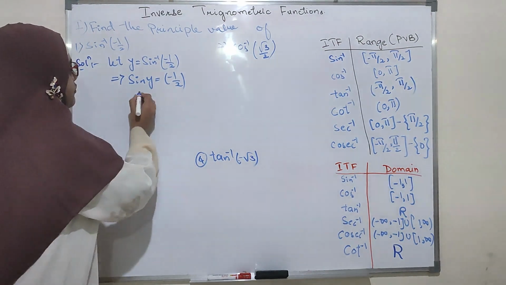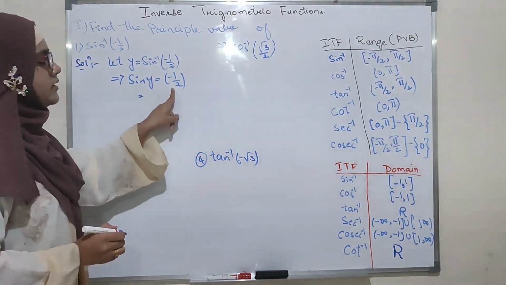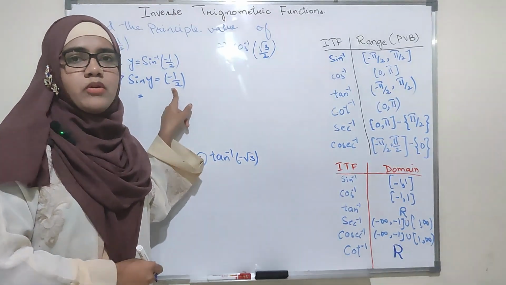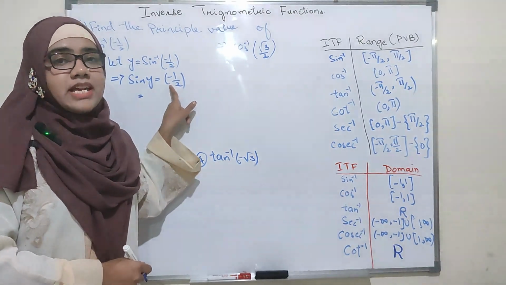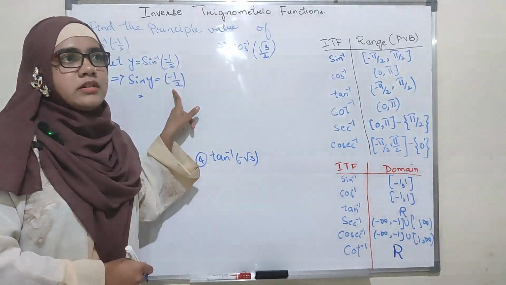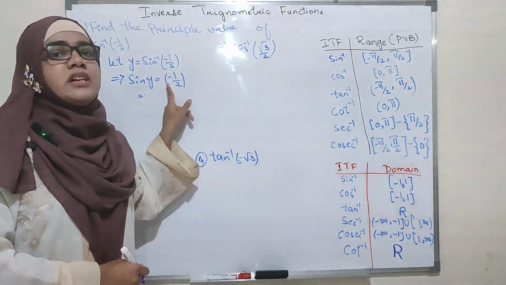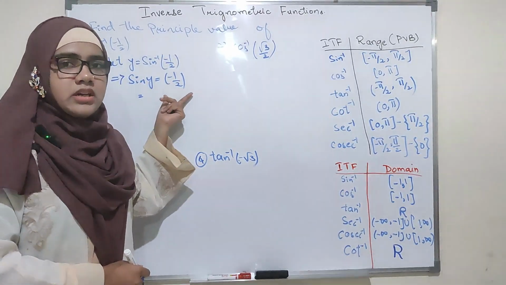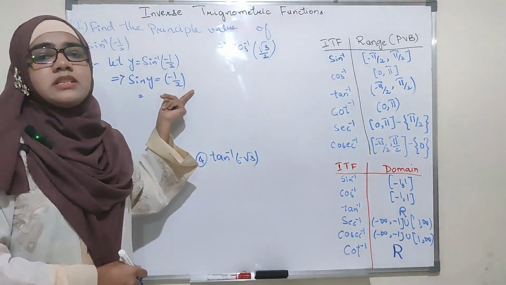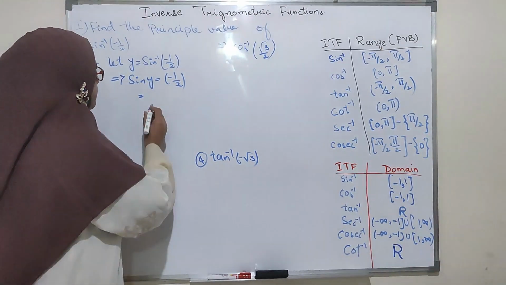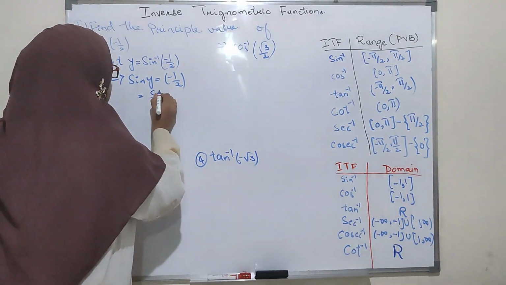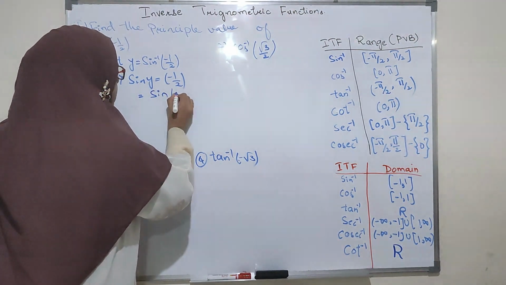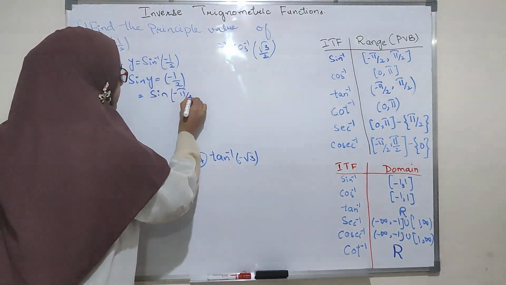Now we have to write by using the table value of the sine function. Sine 30 is 1 by 2. In terms of radian, it is pi by 6.